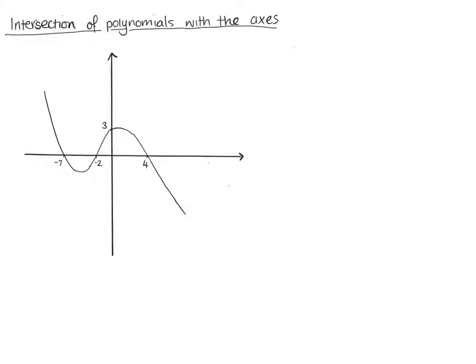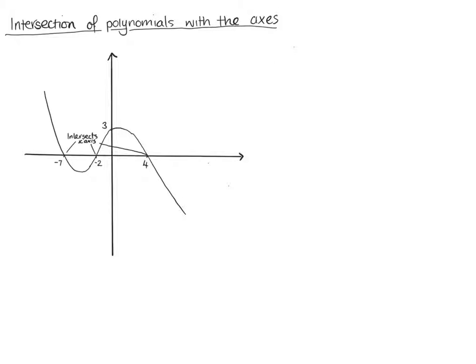So the first one that we already know about, there are 3 of these for cubics generally, and these are intersections with the x-axis.